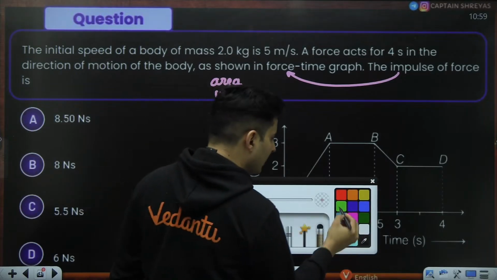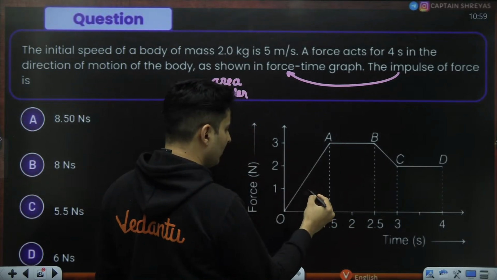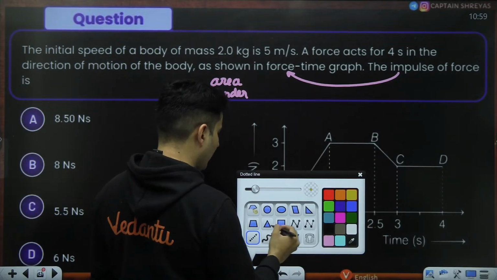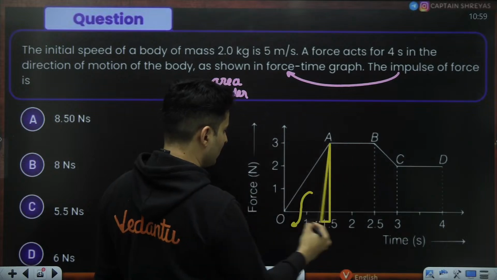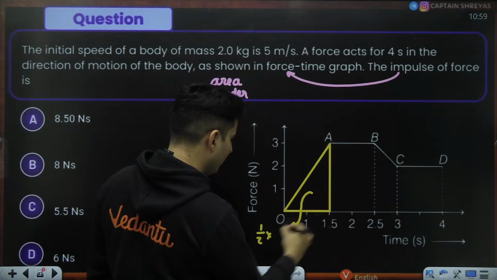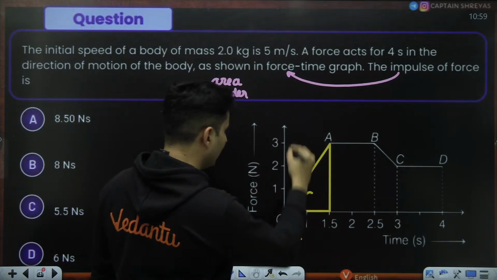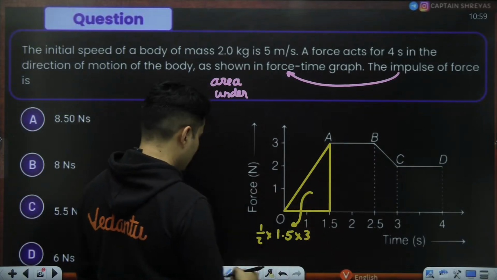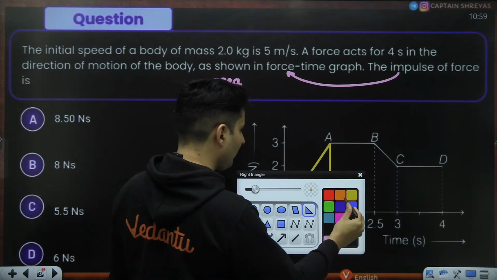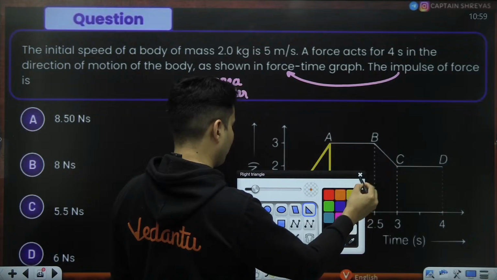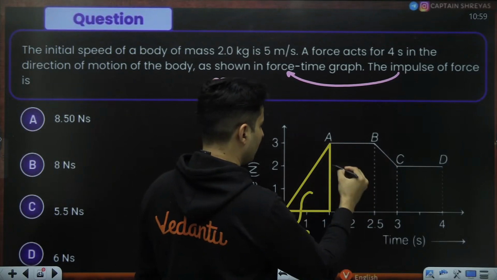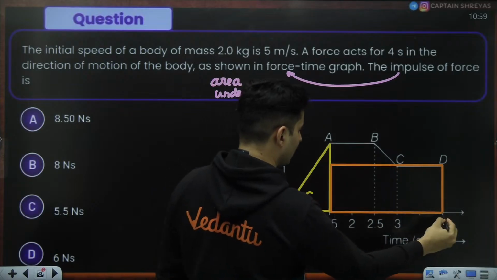So calculate each and every single area separately. For example, this area, which is the area of the triangle over here. I hope you can see it. This particular triangle. So that will be half multiplied by base, which is 1.5, multiplied by the height. Similarly, you will get this particular rectangle till here.